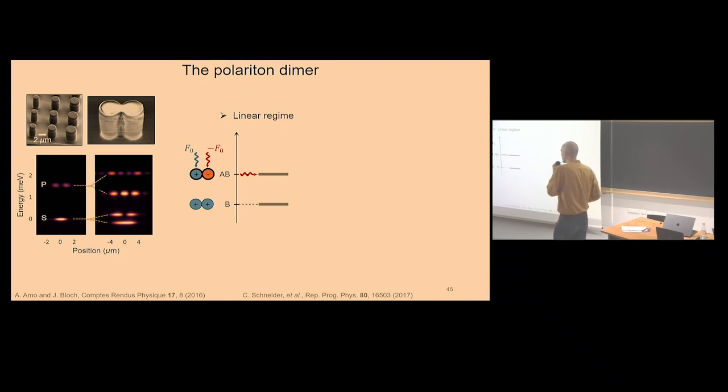So what happens now if I scale up the system? I consider first the dimer case. In the dimer case, we have a bonding state and an anti-bonding state. For the bonding state, the two sites have the same phase, they oscillate in phase, whereas for the anti-bonding state, they are opposite in phase.